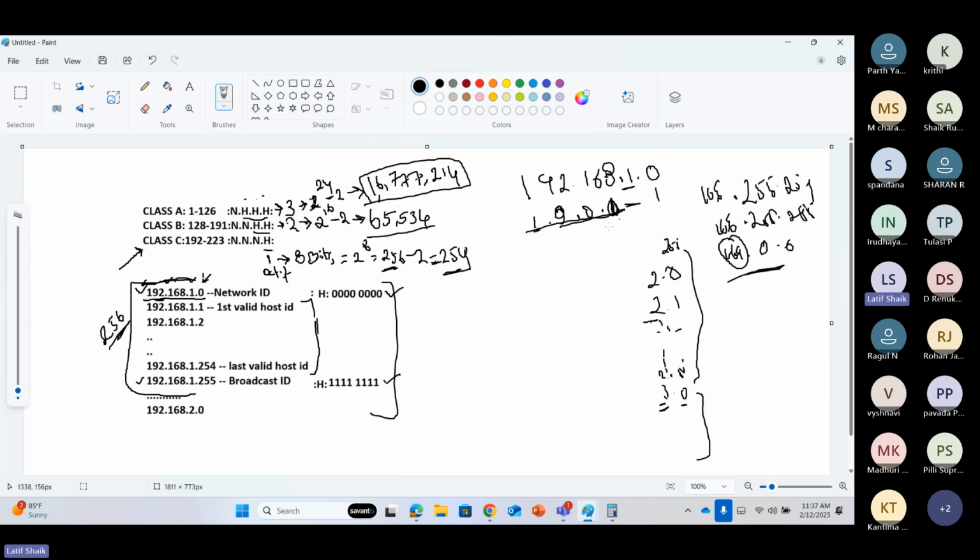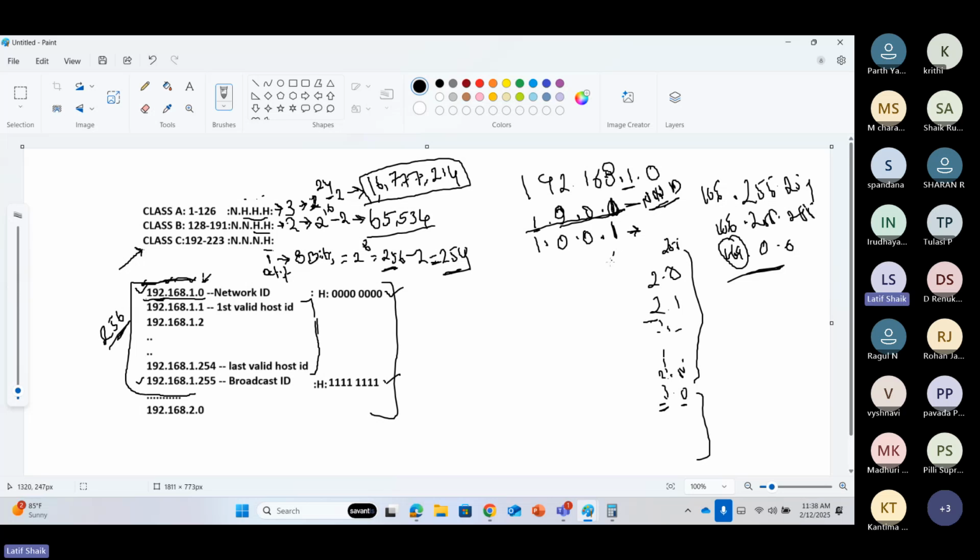All host portions are zeros here. It is our network ID. The next one is the host ID. This is the first one.